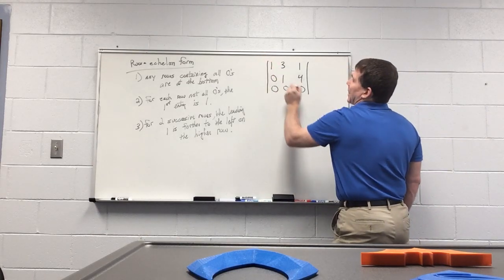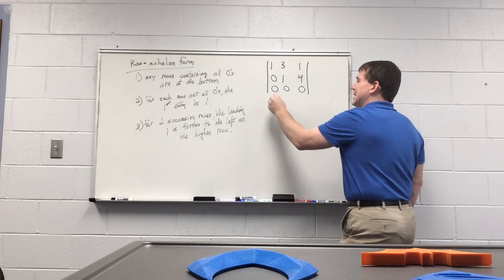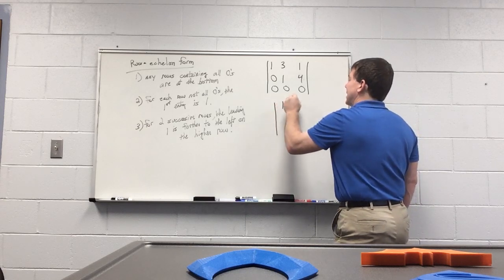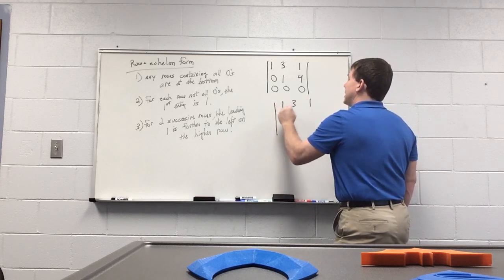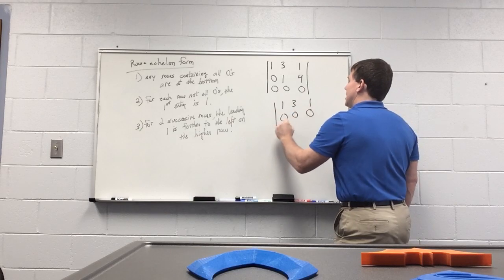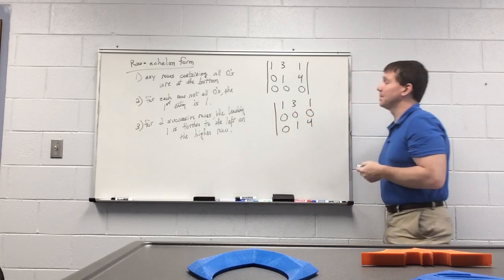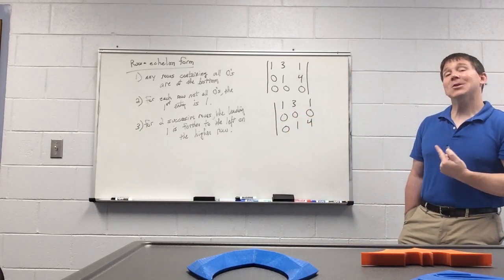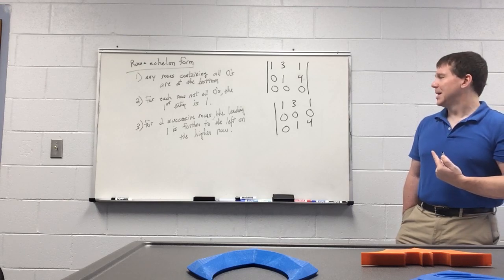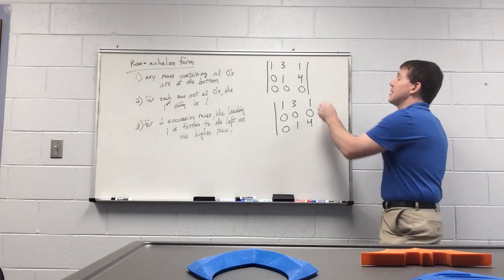Again, the idea being I want this diagonal of ones. If the matrix looks like this, 1, 3, 1, 0, 0, 0, 0, 1, 4, that's not in row echelon form, simply because the zeros aren't at the bottom.